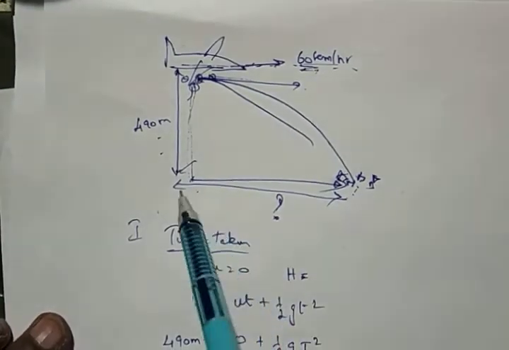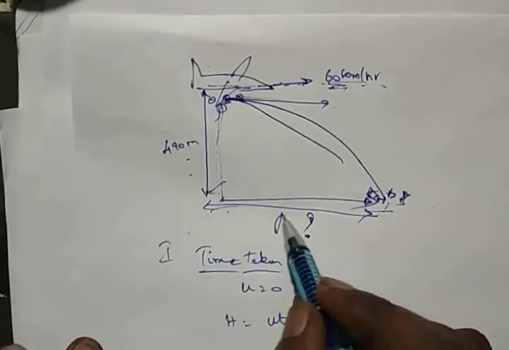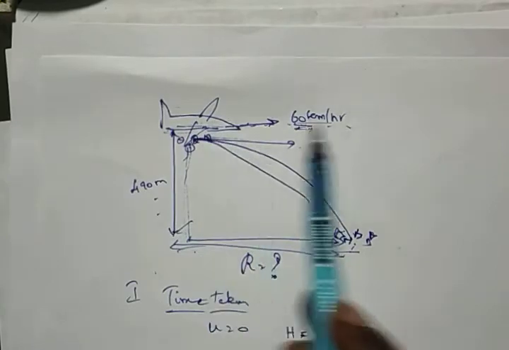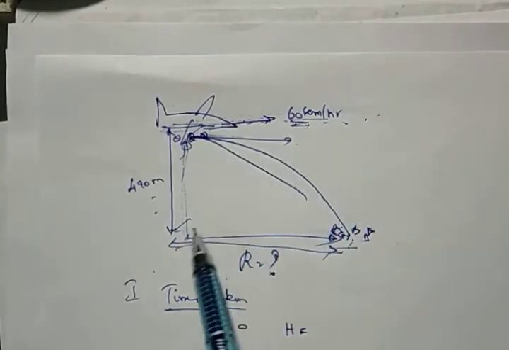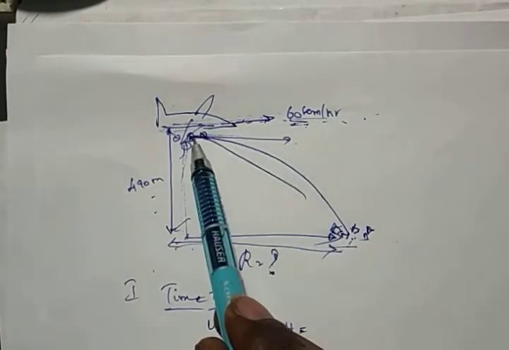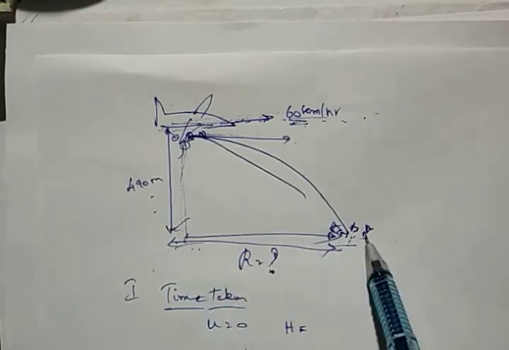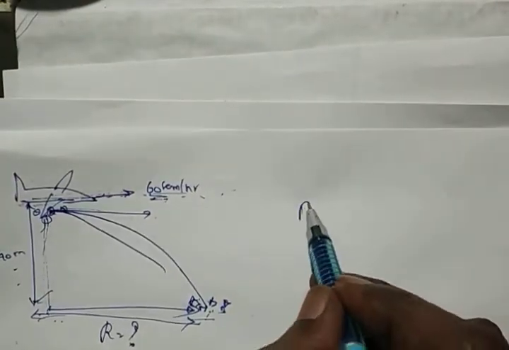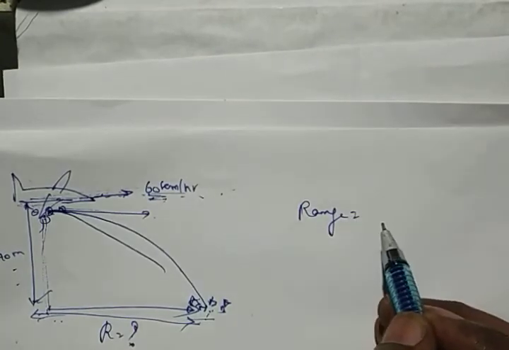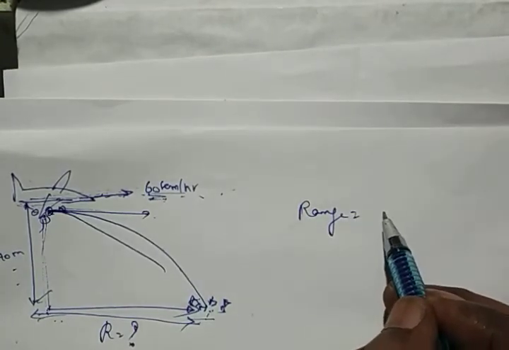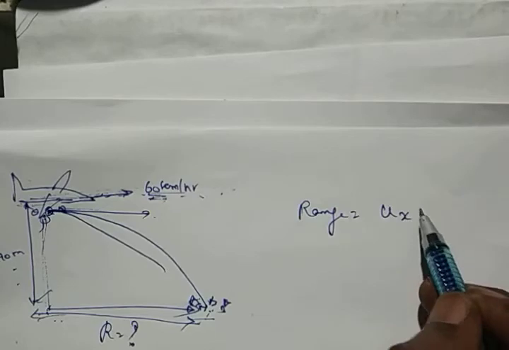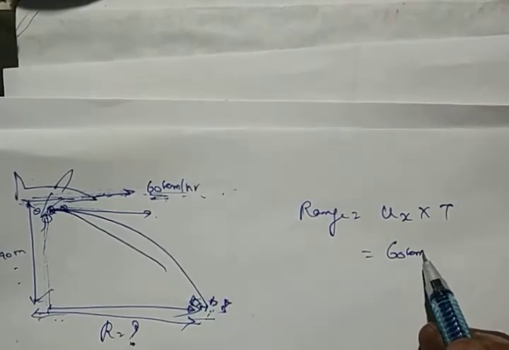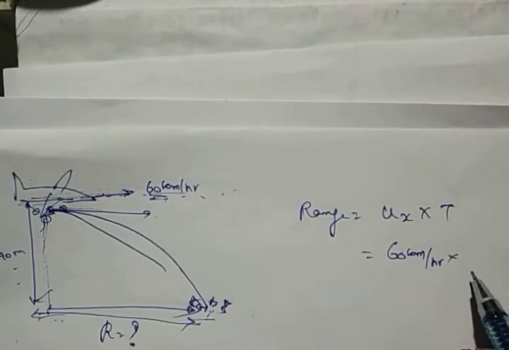Now we need to find out the distance here, the range. What is the range? It is going to be equal to this speed into the time taken from here to here. The time taken from here to here is equal to the time taken from here to here also. So range is equal to ux into time. What is ux? 60 kilometers per hour into time.